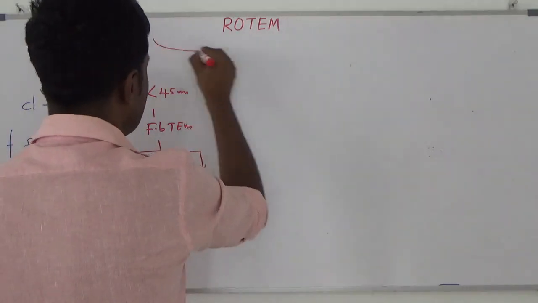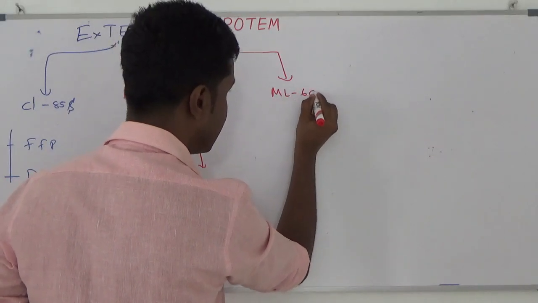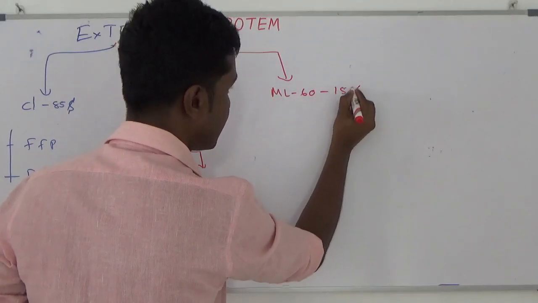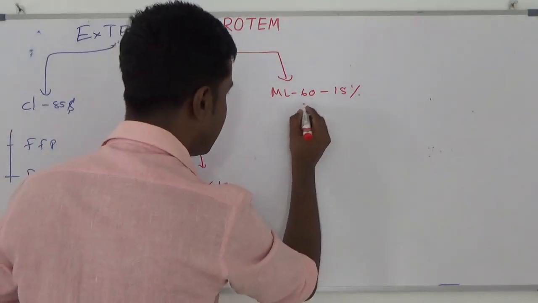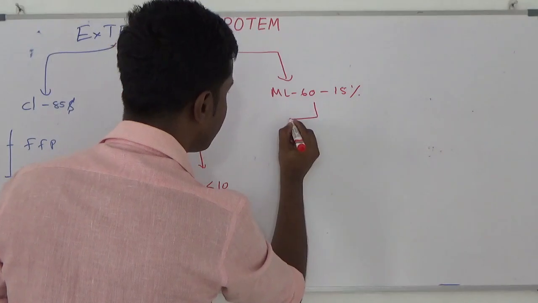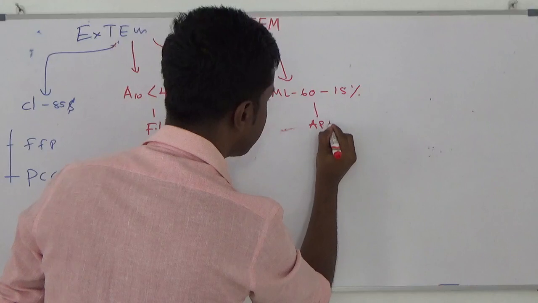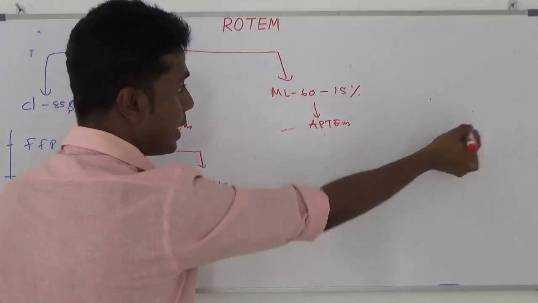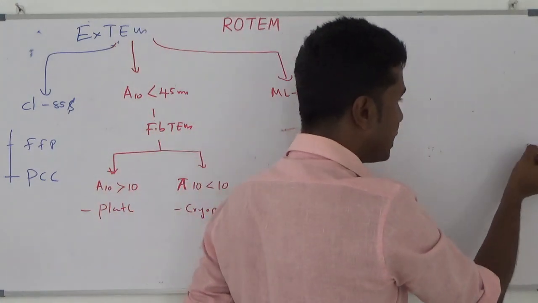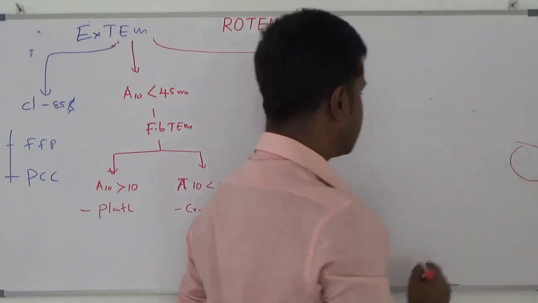Then if you find a patient with maximum lysis in 60 minutes of more than 15%, you have to do APTEM. APTEM neutralizes the effect of proteolytic enzymes.